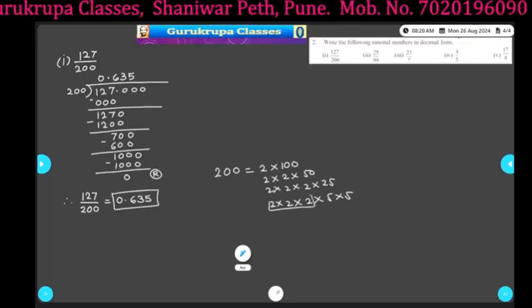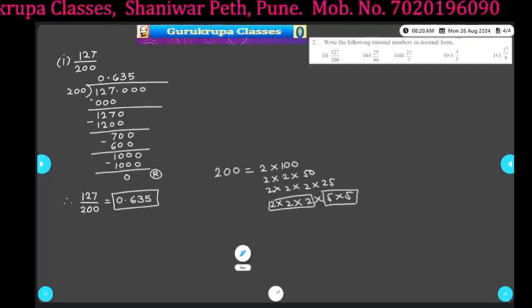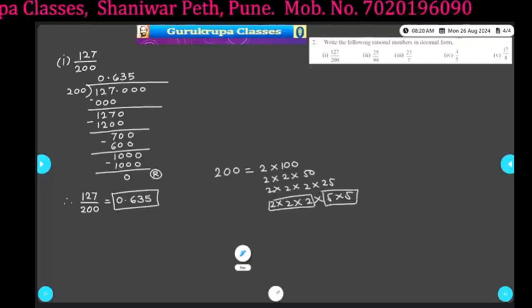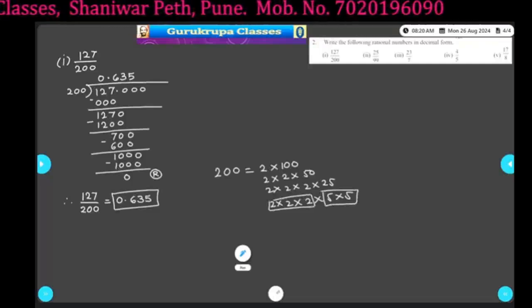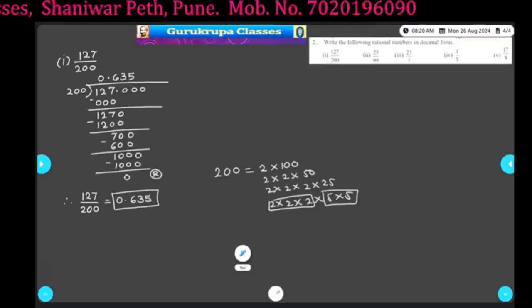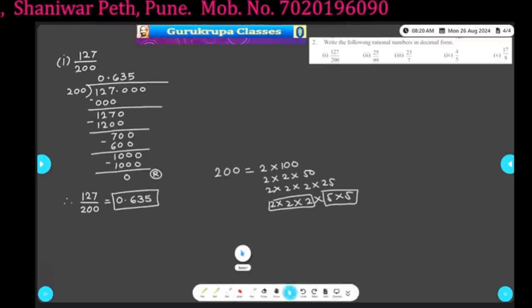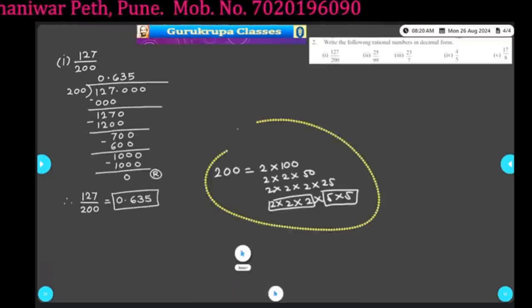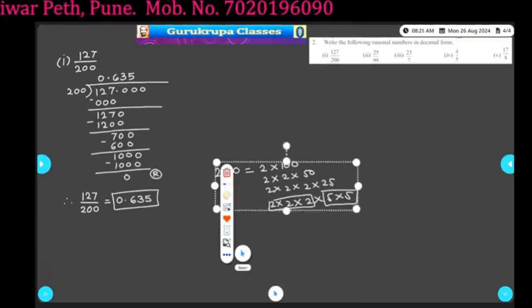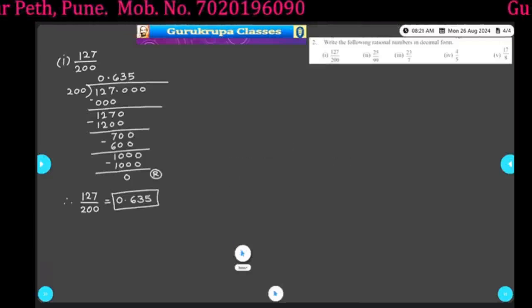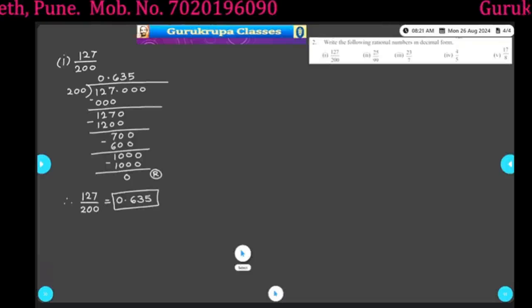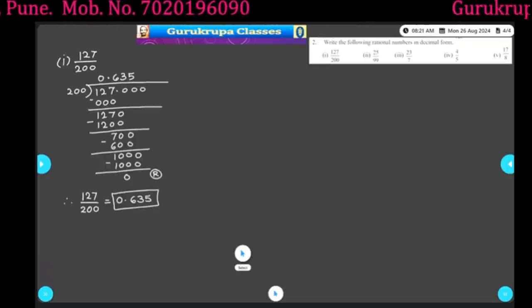So prime factors are 2 and 5. Therefore the decimal form is terminating. There are no factors other than 2 or 5. That is also by rule we can observe over here. Please write down.